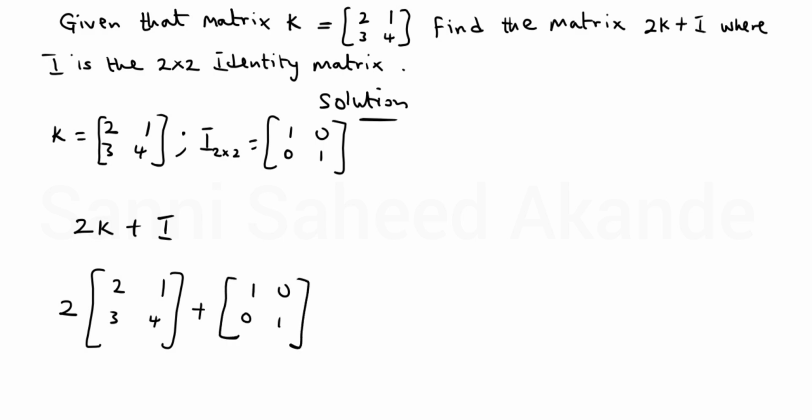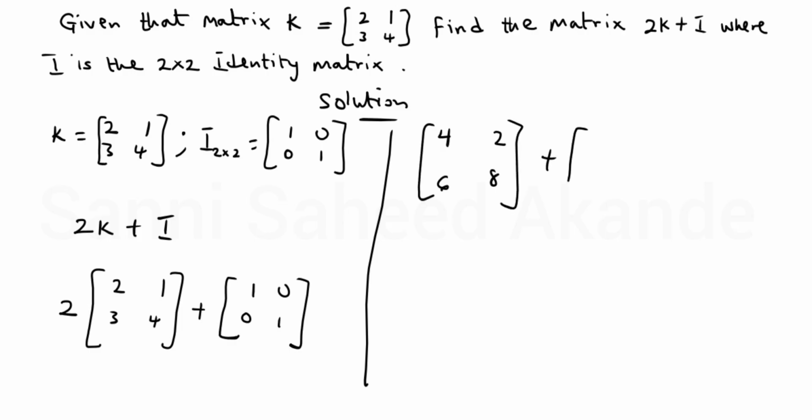Okay, so multiply all of this by 2, and we have 2 times 2 is 4, 2 times 1 is 2, 2 times 3 is 6, 2 times 4 is 8, and you add it together with the identity matrix, which is 1 0 0 1. Okay, so let's add this together and see what we get.